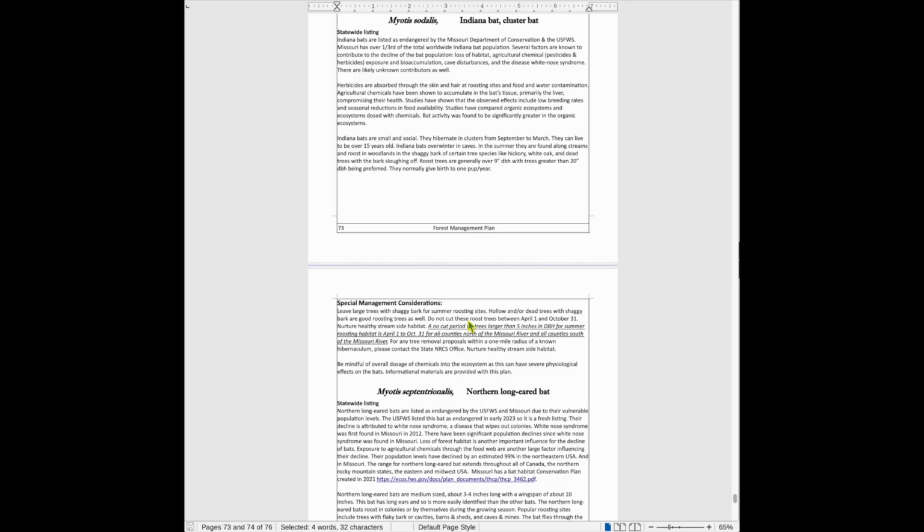Do not cut roost trees between April 1 and October 31. What is a roost tree? It's a tree with shaggy bark. It's large. It's hollow or dead. Basically, can a bat climb up under a loose piece of bark?